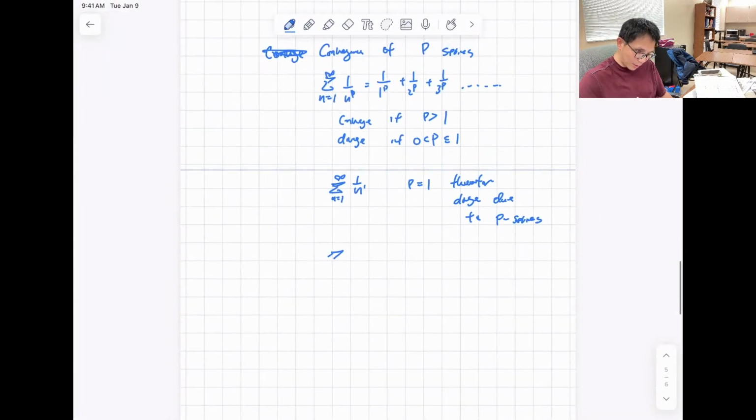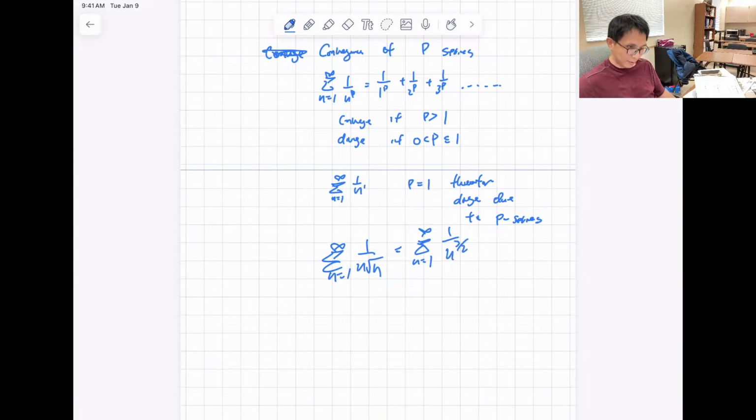What if I have the sum from n equals 1 to infinity of 1 over n squared root n? Does that diverge or converge? That converges. Why? Good job. It's n to the 3 over 2, and 3 over 2 is greater than 1.